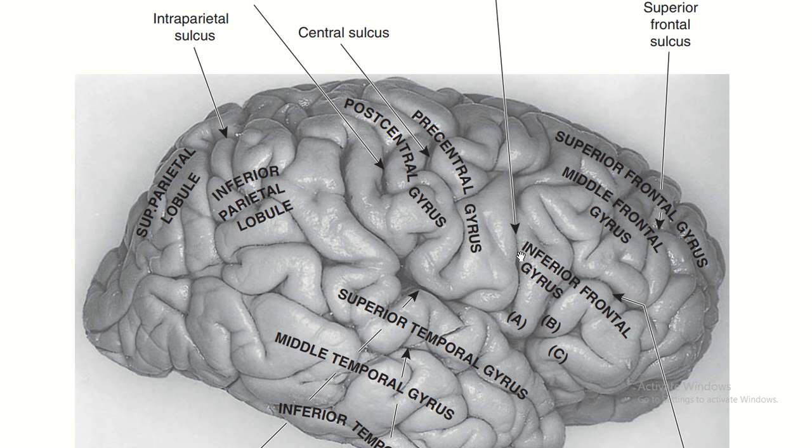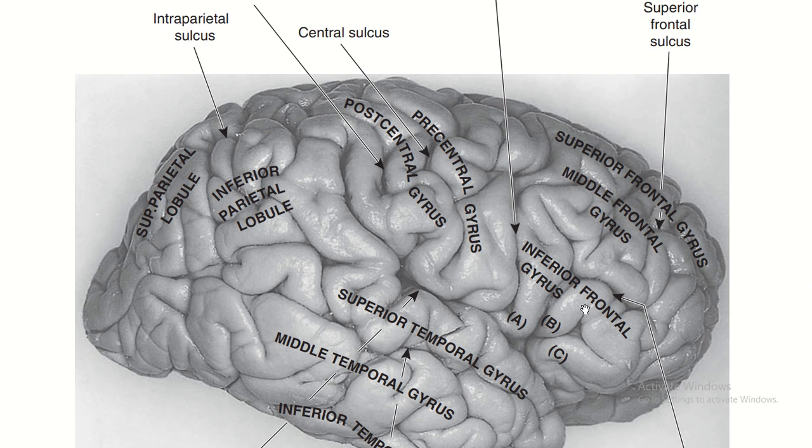And then your frontal lobe is going to have another two sulci, a superior sulcus right here and an inferior sulcus right here. So the superior and the inferior sulci are going to give us three gyri: a superior frontal gyrus, a middle frontal gyrus, and an inferior frontal gyrus.